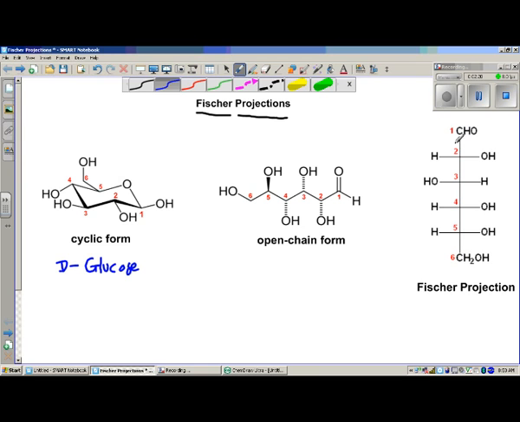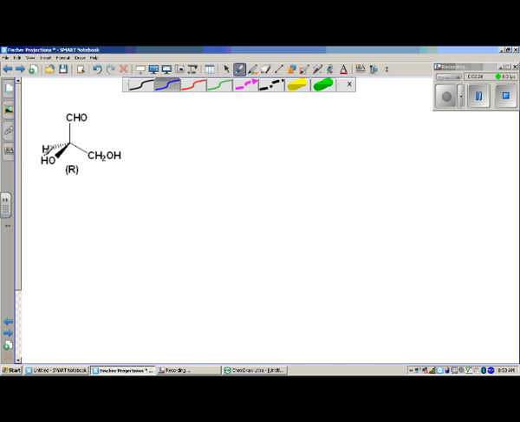We're going to do one with just one central carbon and then grow from there. So first off, I want you to convince yourselves that you can see that this actually does have the R stereochemistry. Priority 1, priority 2, priority 3. The hydrogen's already pointing away from us, so that is indeed R.